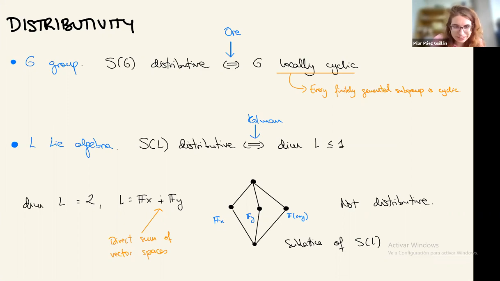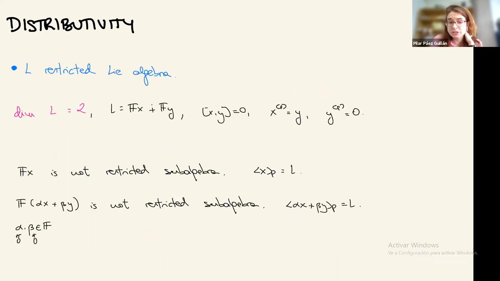What about restricted Lie algebras, which are, at the end of the day, Lie algebras with an extra structure that makes interesting the problem of studying the distributivity of their lattice of subalgebras? Well, we will see it with an example of dimension 2.